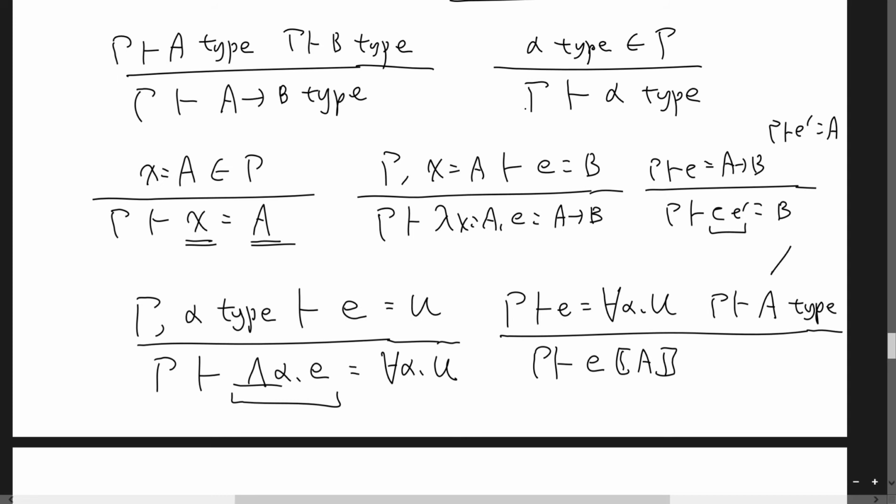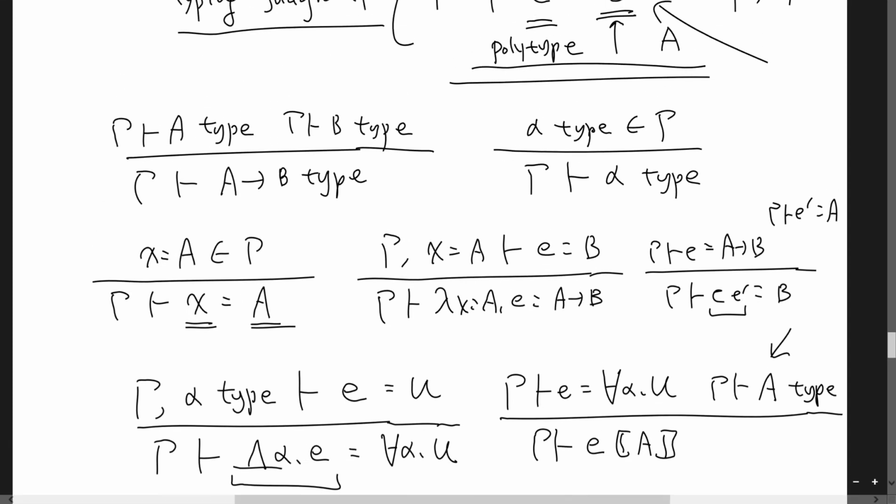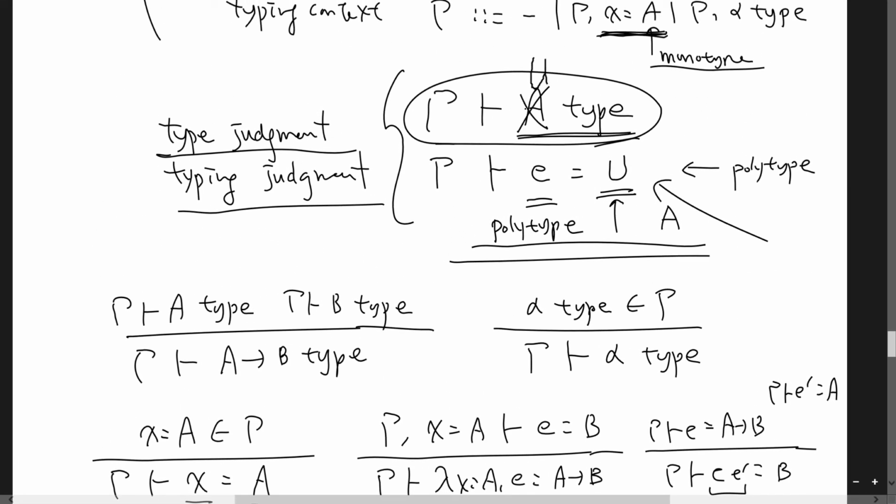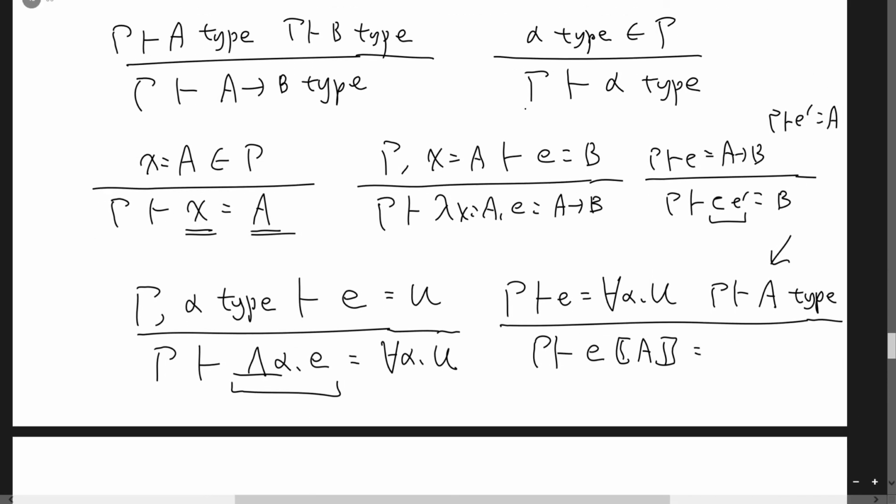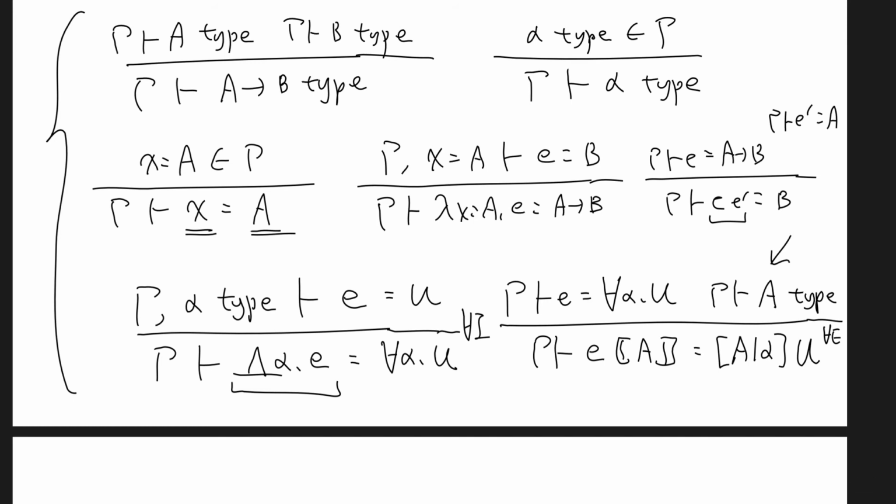Notice that we don't need a more general form of type judgment. So this is enough. And then the whole expression has type U with A substituted for alpha. So we see type substitution in type U. This is called the for all introduction rule, and this is called the for all elimination rule. So that's the type system for predicative polymorphic lambda calculus.